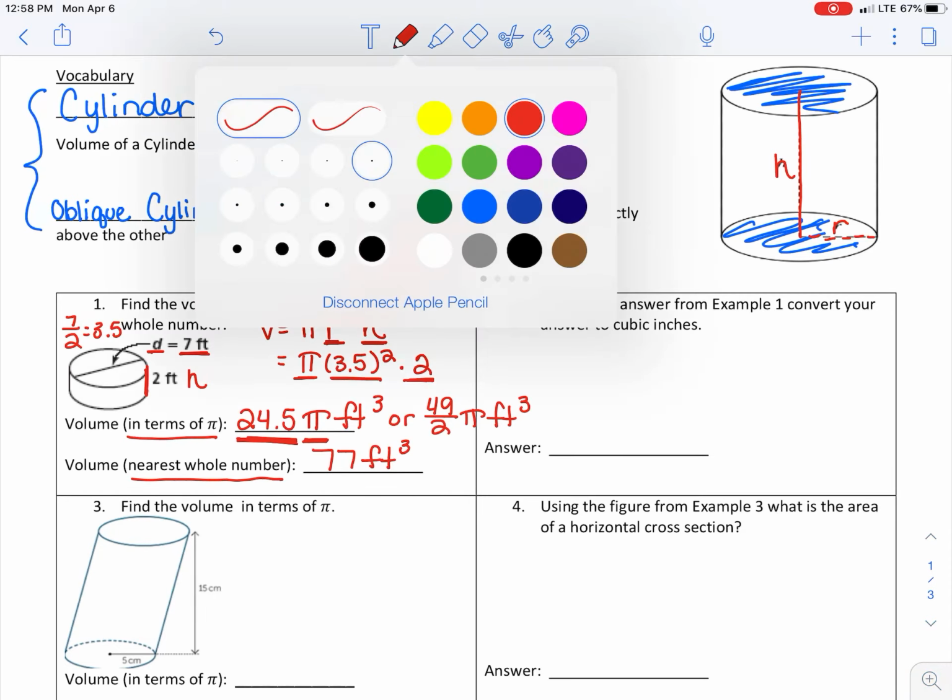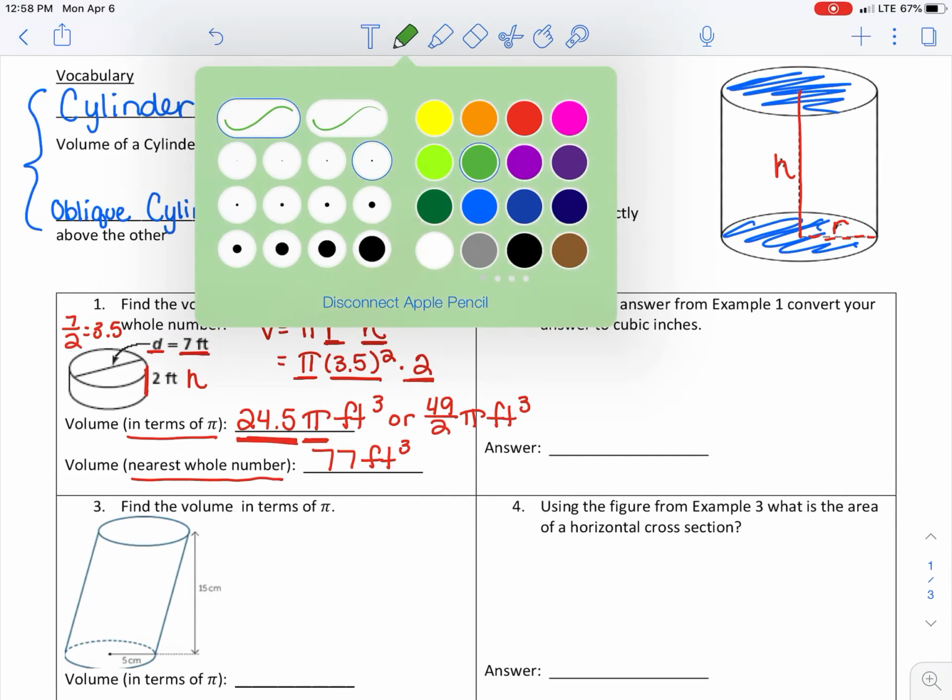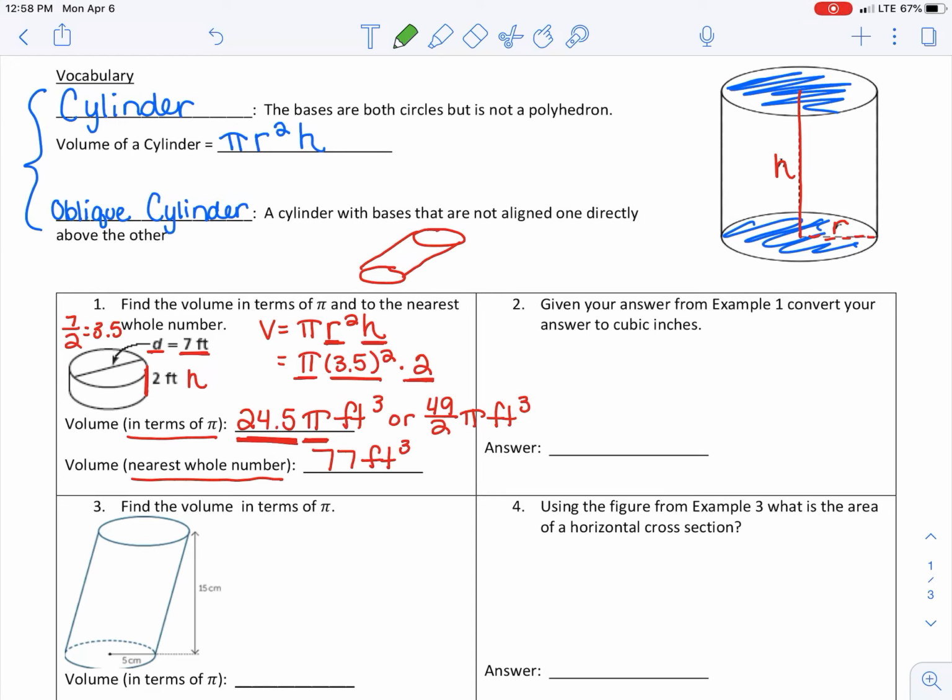Okay, let's look at number 2 then, because this time it says to give your answer from example 1, so we're looking back at our example 1, and convert your answer to cubic inches. We kind of talked about this in lesson 2 as well. With converting into inches, we need to know that there are 12 inches for every foot.